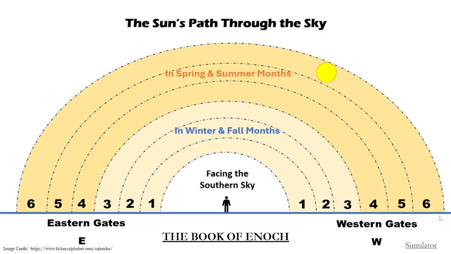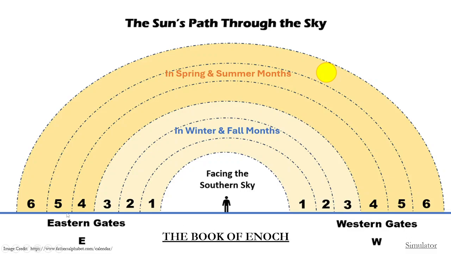What you're looking at is how the sun travels through the gates. You're looking at it as though a person is facing the southern sky. So the east gates on this demonstration are on the left side over here, and the western gates are on the right.